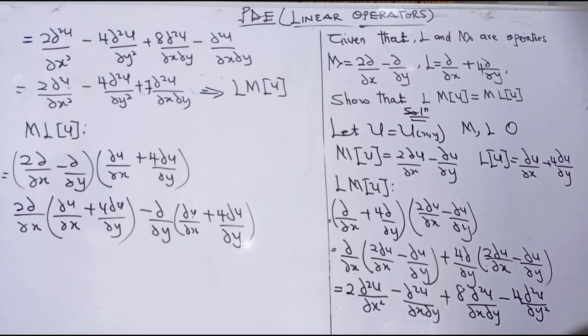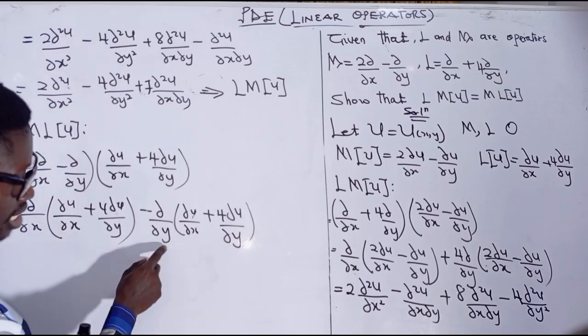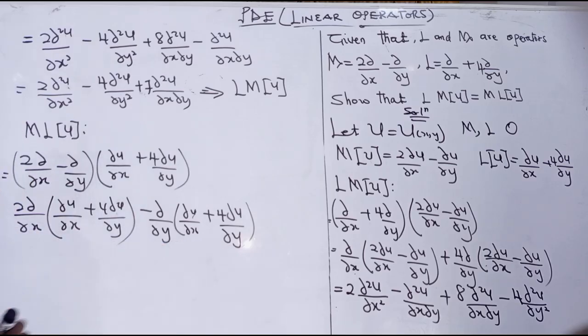As I said, this is not mere multiplication. We are going to differentiate what is in the bracket with respect to X, and differentiate what is in the bracket with respect to Y.